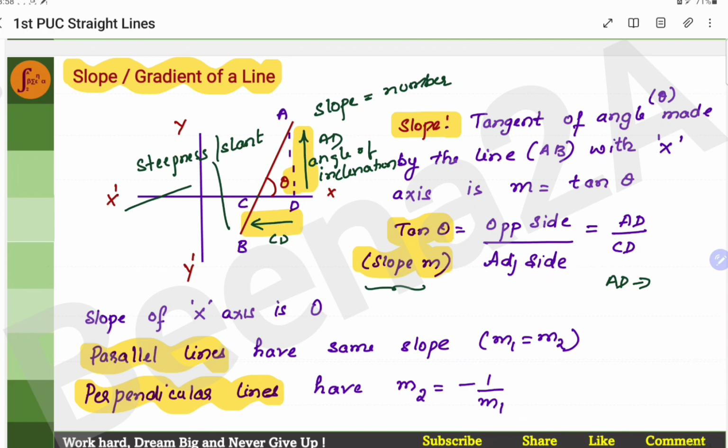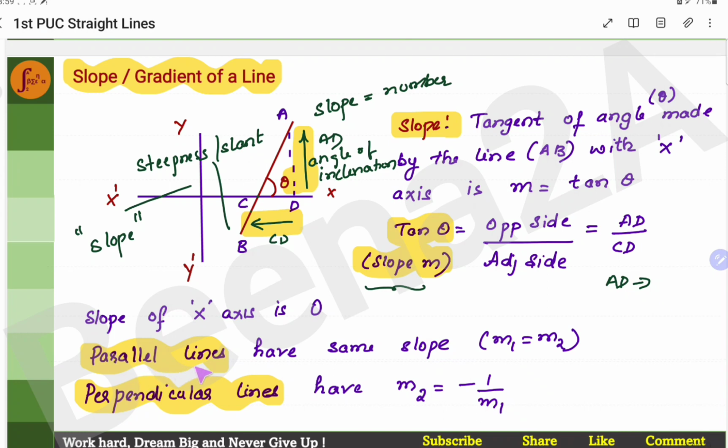So basically this tells you how many steps I have to move towards the left to reach this line, and how many steps I have to move upwards to meet this line. Slope also helps to identify the steepness of each of the straight lines. This has a different steepness, this has a different steepness, and this has a different steepness. Now how do you determine which is more steep or which is less? How do you compare? That's where slope is used.